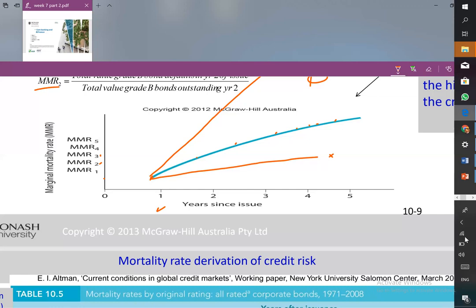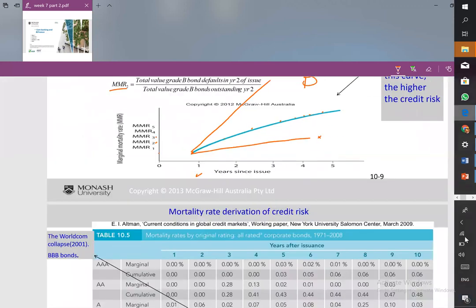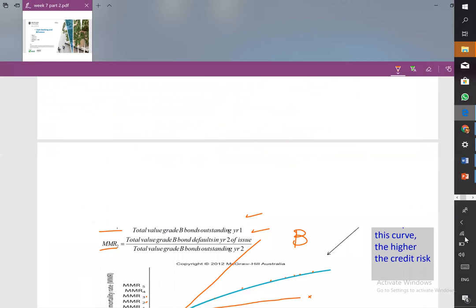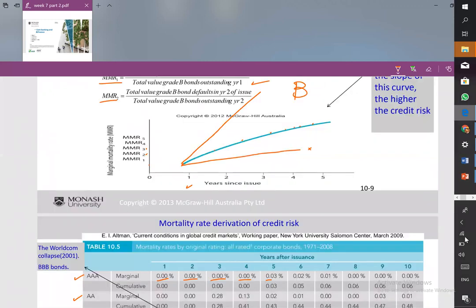They give data from the US and they show you, and you can see, for example, this is AAA, all these issues of bonds. You can see for AAA, no defaulting in the third year, fourth year. So this line will be just here, maybe.